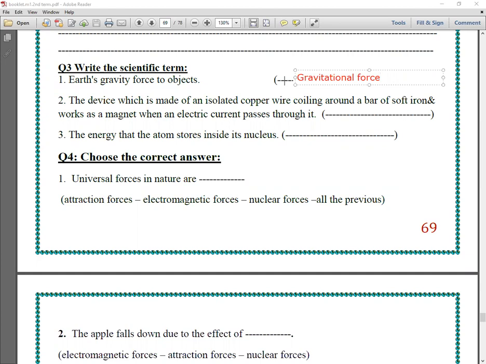Number two, the device which is made of an isolated copper wire coiling around a bar of soft iron and works as a magnet when an electric current passes through it. This device is called electromagnet.